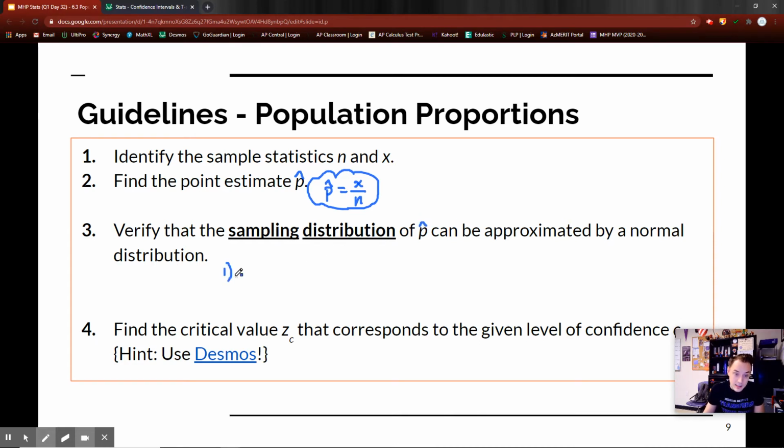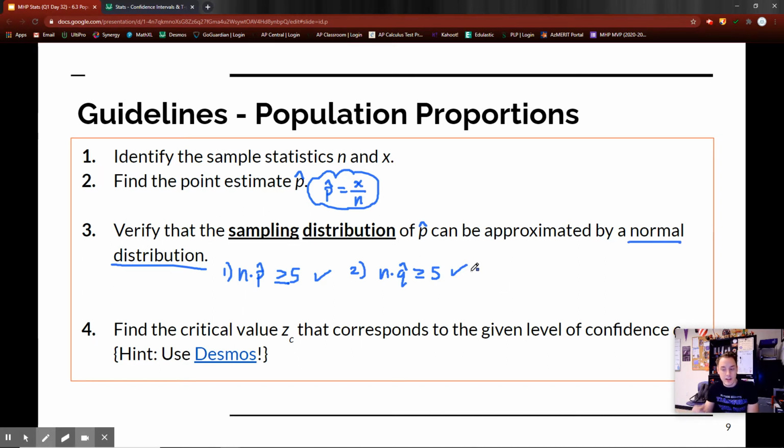That is 2 tests. I take n times p hat, and if this is greater than 5, then I'm good. I also take n times q hat, and if that's greater than 5, then I'm good. Both of these need to check out. If they do, then you can use a normal distribution on this proportion. If they don't check out, you're not going anywhere.